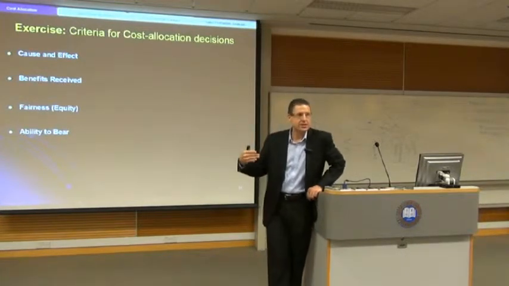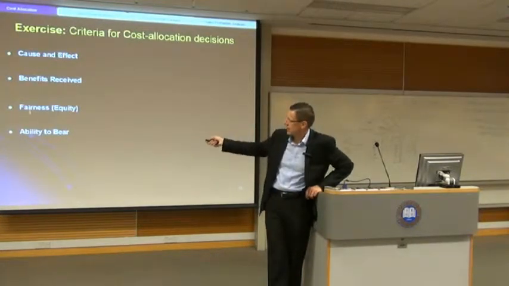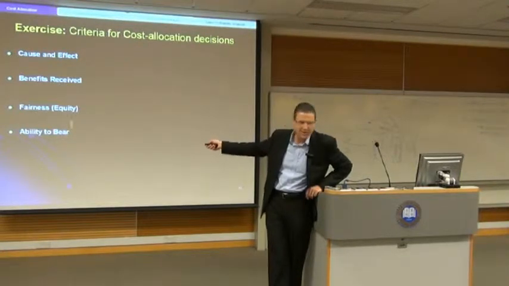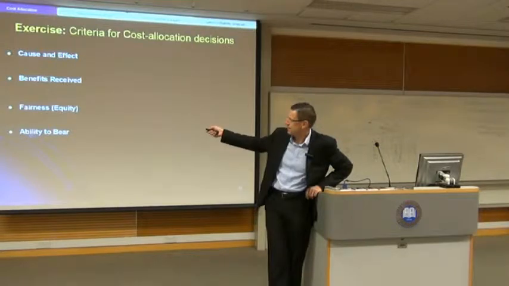The first thing you need to take away here is that they're all related, especially the last three: benefits received, fairness and equity, and ability to bear. Benefits received is similar to cause and effect in some ways.